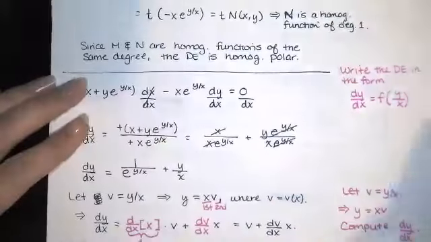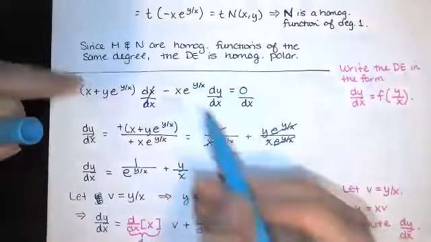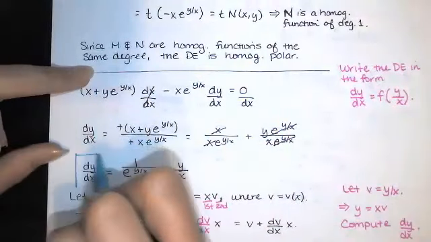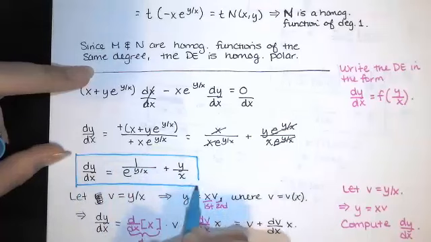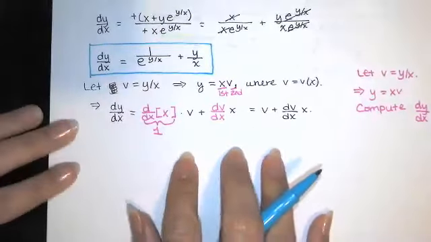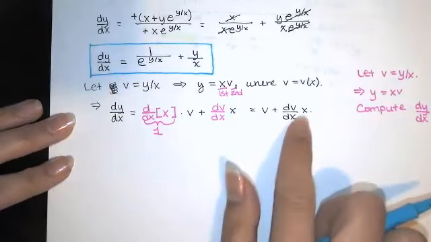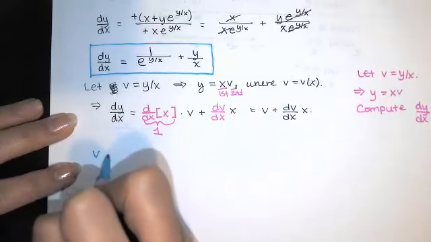Okay, so now we're here, and we're looking at this differential equation, not at the very top, we're looking at this one. And our goal is to write everything here entirely in terms of v and x. So the left-hand side can be replaced by, well, it's dy dx. It's this in terms of v and x.